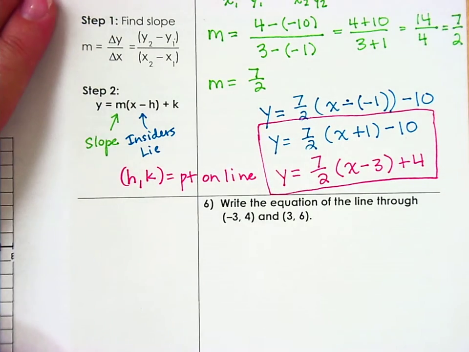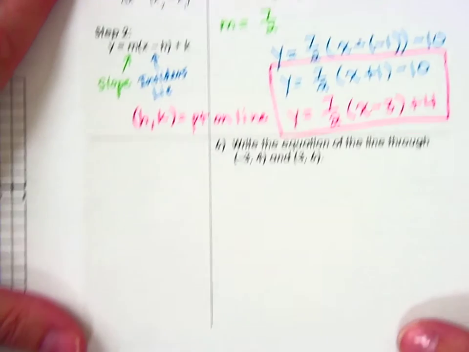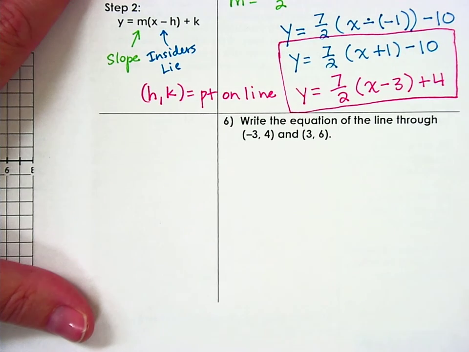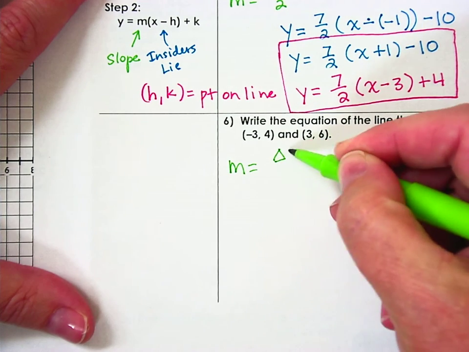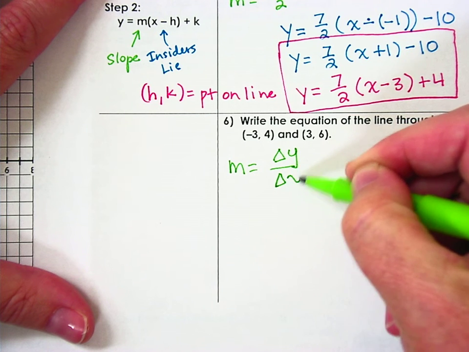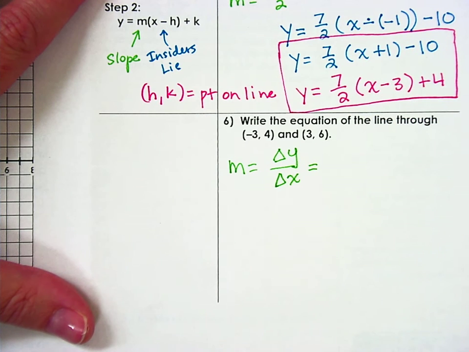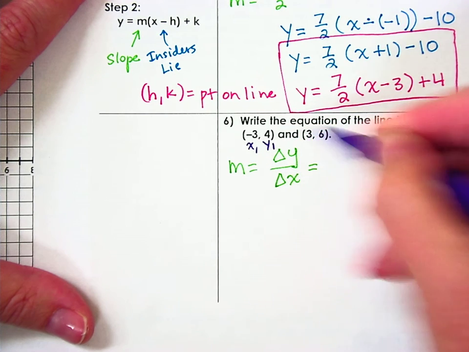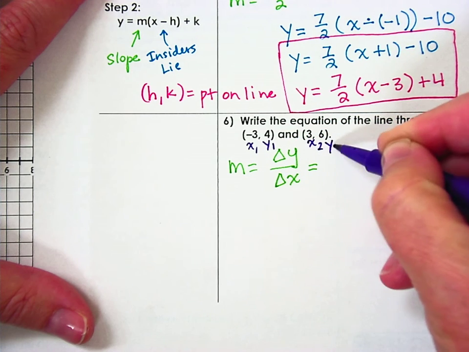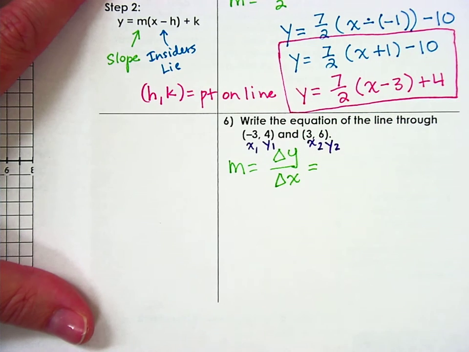Okay, now that you've had time to try number 6, let's go ahead and see how it goes. So we want to find the slope first. Again, slope is change in y over the change in x. So I'm going to label x1, y1, x2, y2. And I just plug these numbers in.